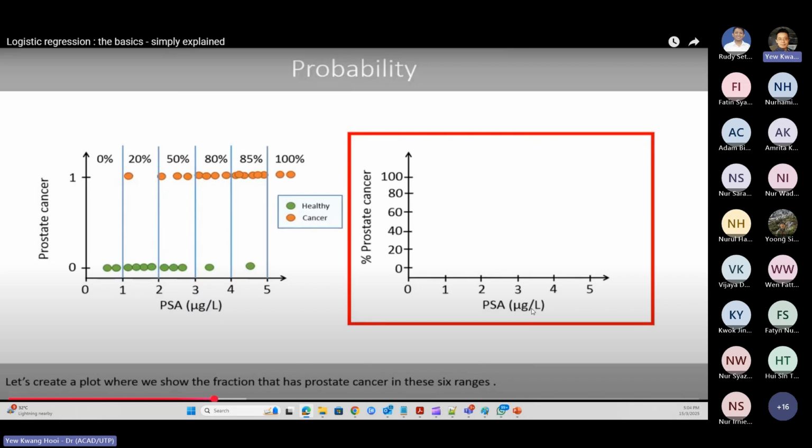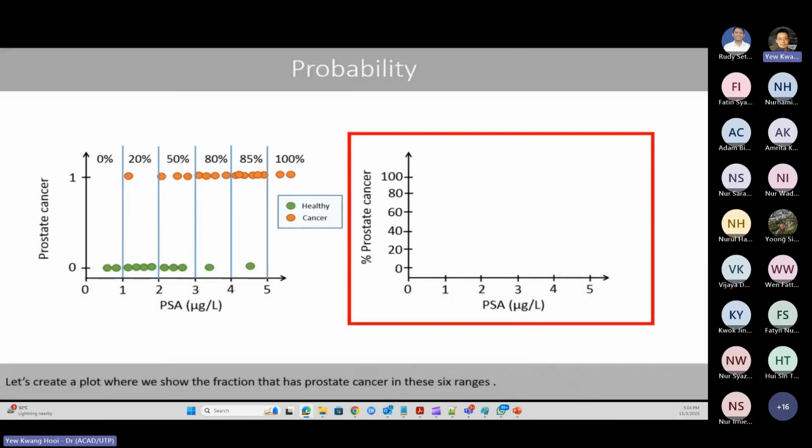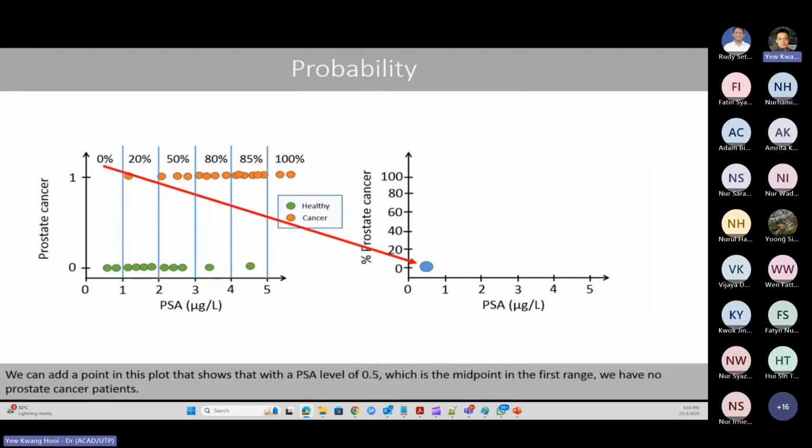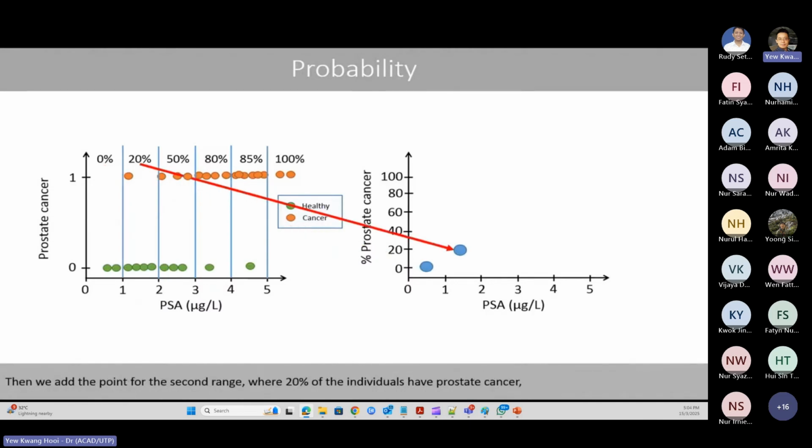Let's create a plot where we show the fraction that has prostate cancer in these 6 ranges. We can add a point in this plot that shows that with a PSA level of 0.5, which is the midpoint in the first range, we have no prostate cancer patients. Then we add the point for the second range, where 20% of the individuals have prostate cancer.